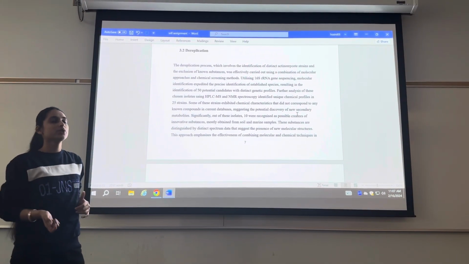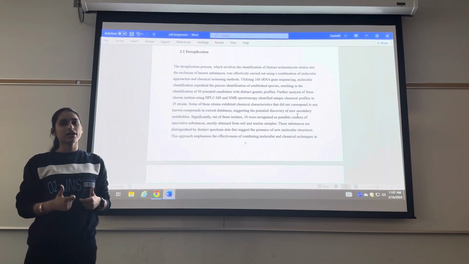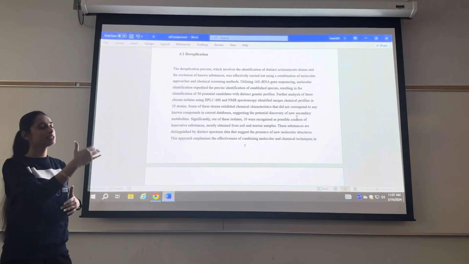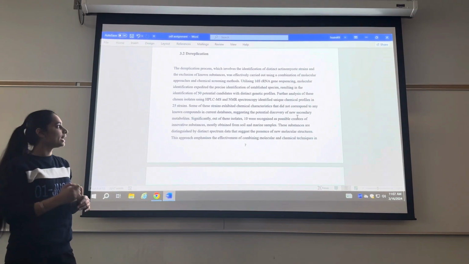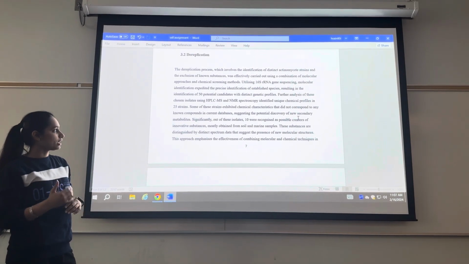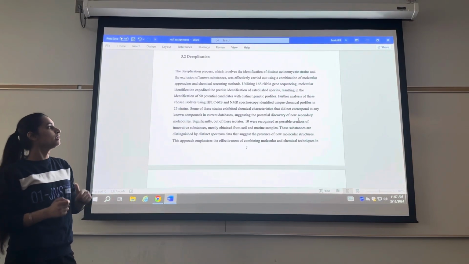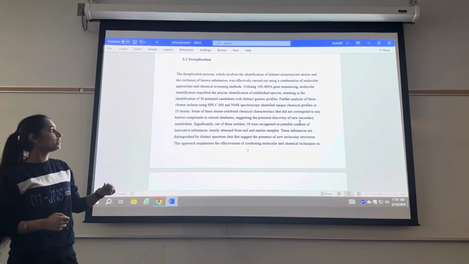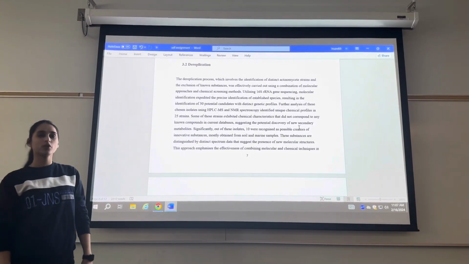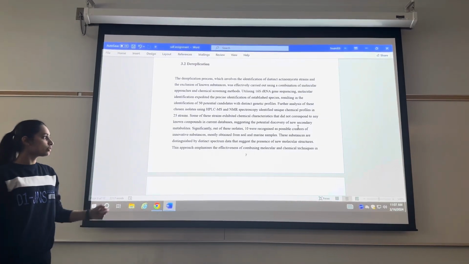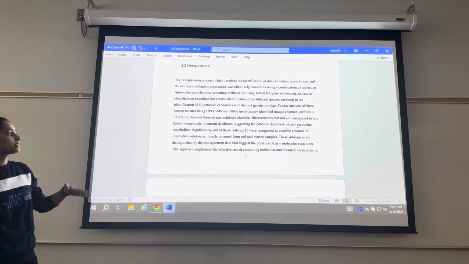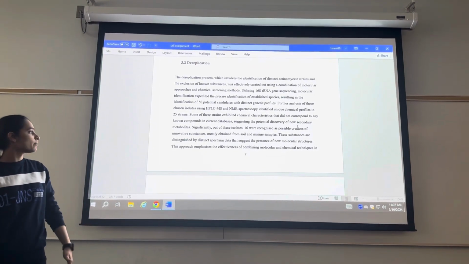After that we used chemical methods, NMR and HPLC, and from all these 50 profiles we got 25 different strains. Then we matched their characteristics with the current database, which suggests that there are some new metabolites. Ten were recognized as possible creators of innovative substances, which were mostly obtained from the soil and marine samples. These were distinguished by distinct spectrum data that suggests the presence of new molecular structures.